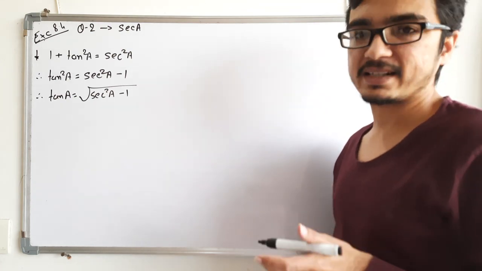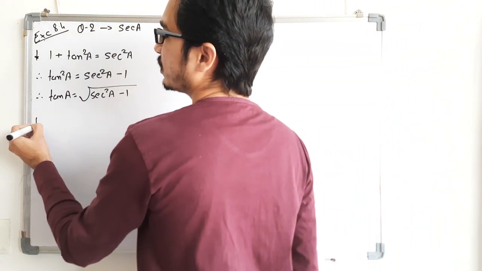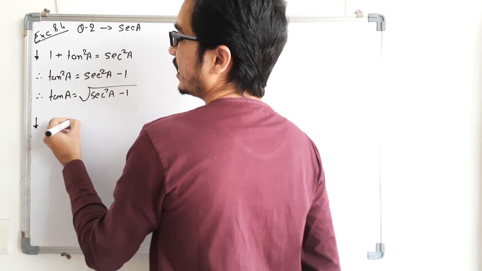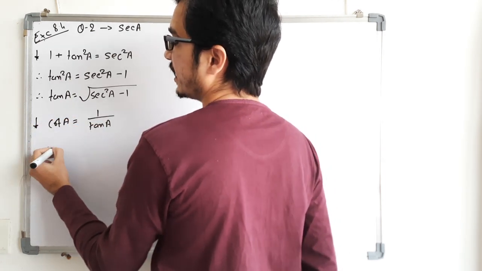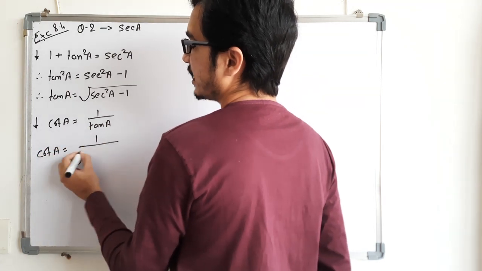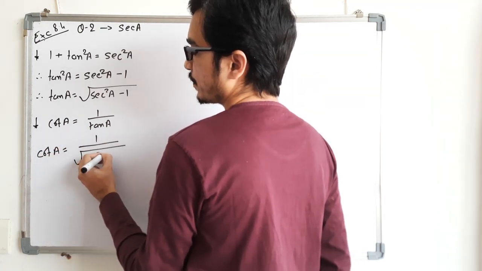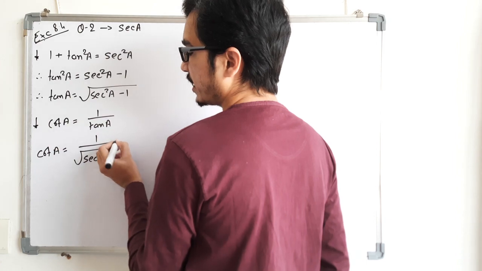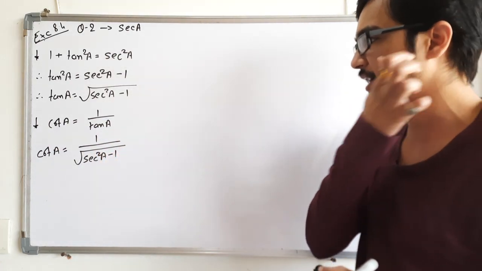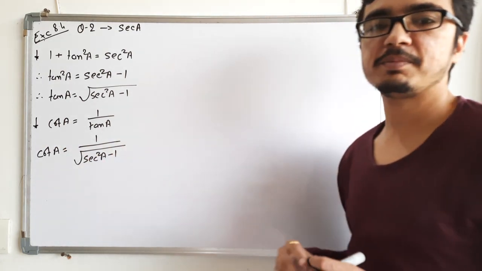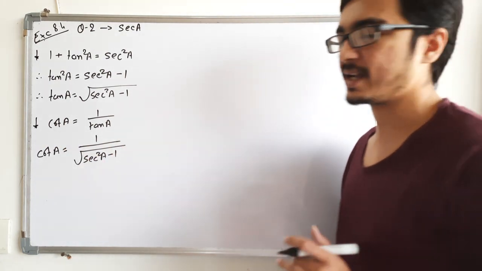Cot after tan, because tan and cot are reciprocal of each other. So cot A is equal to 1 upon tan A. Here we have the value of tan A in the form of sec, which we can substitute. So cot A is equal to 1 upon root of sec square A minus 1. So we have represented cot in the form of sec.